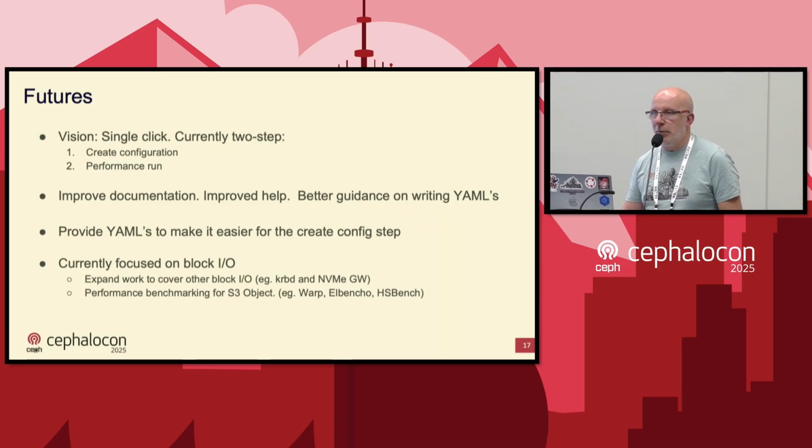We've been focused on block at the moment, but we're working on expanding it to support other IO types, KRBD and the NVMe gateway, and we are super keen on evaluating S3 object with Warp, COSBench, and other object exercisers such as HSBench.